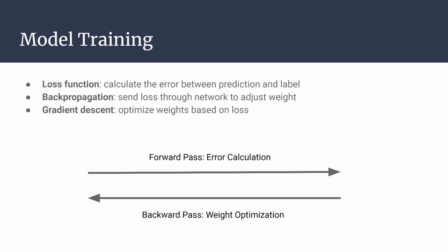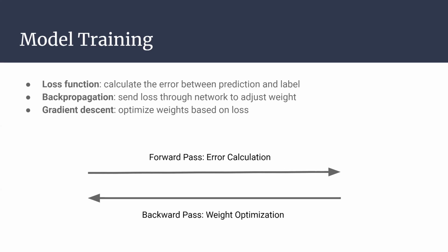Your label would be the answer key, so whether it's 0 or 1 or 2, it would be between 0 and 9.